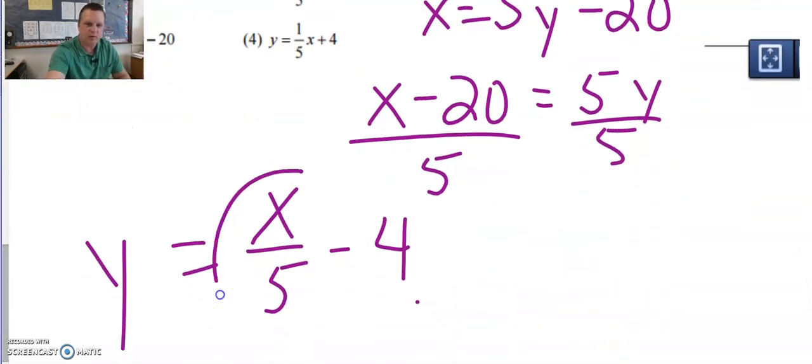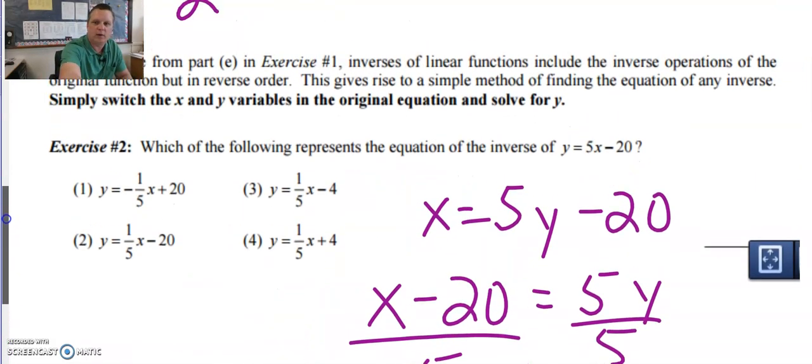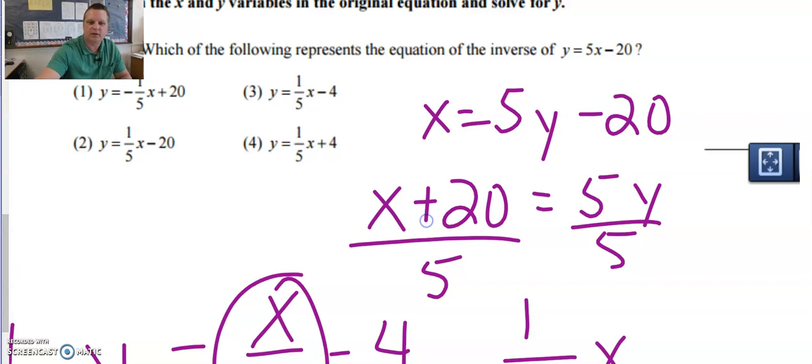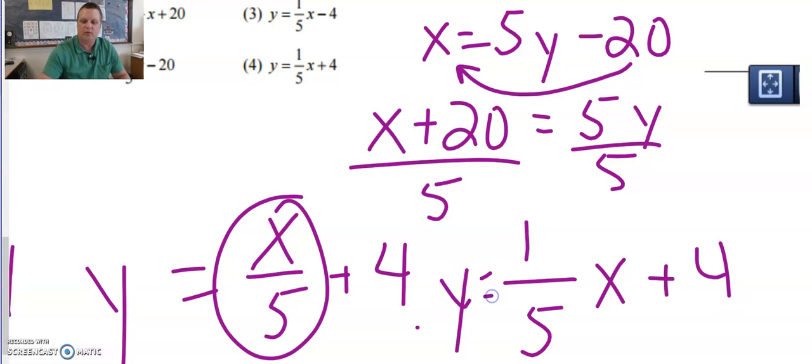So this part right here is also 1/5 x. And this was plus right there, because when I added the 20 over here, I put the subtraction instead of addition. So y equals 1/5 x plus 4. Okay, and then when you graph those, you can see that it will be a reflection over the line y equals x.